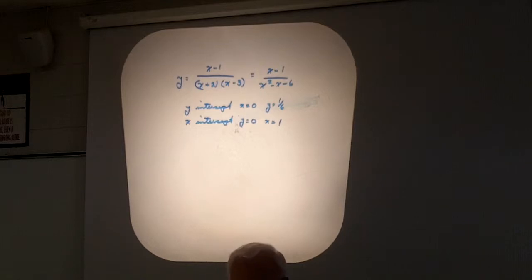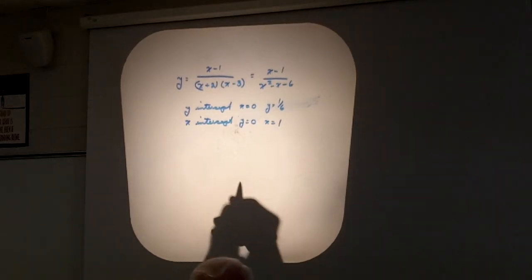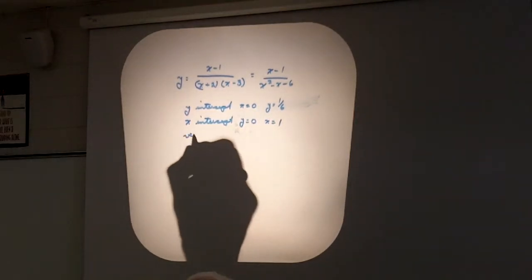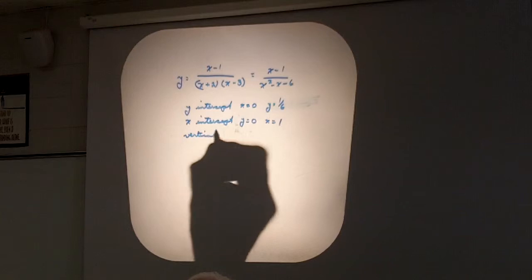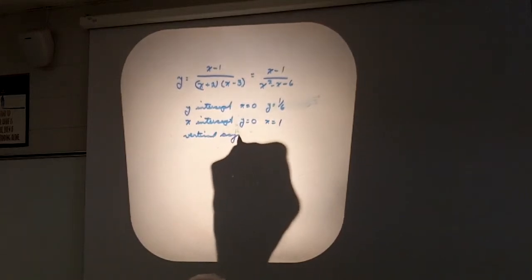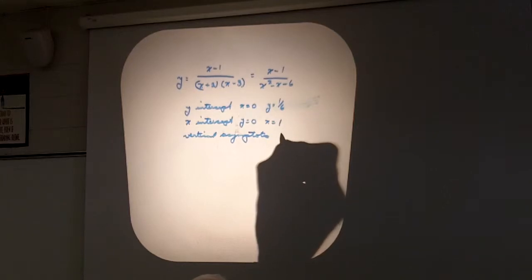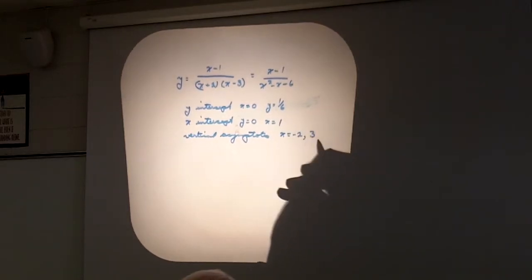Can I go get my calculator? Yep. Okay. Asymptotes at -2 and 3. The vertical asymptotes are x equals minus 2 and 3.